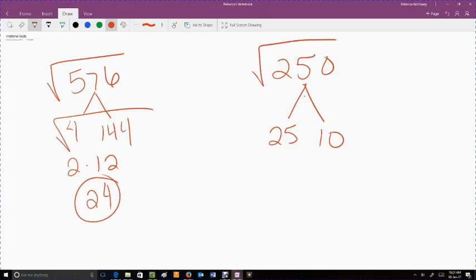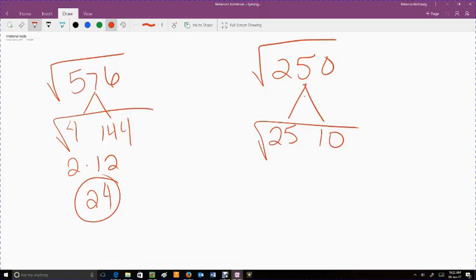Okay, so what we're going to do here, instead of trying to figure out what's close but not too far, like we did in the last lesson, to figure out that our answer to the square root of 576 needed to be less than 25, instead of doing that, we get to do this really fun thing where we just leave it as a square root.